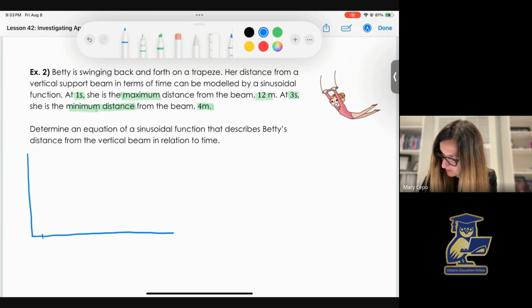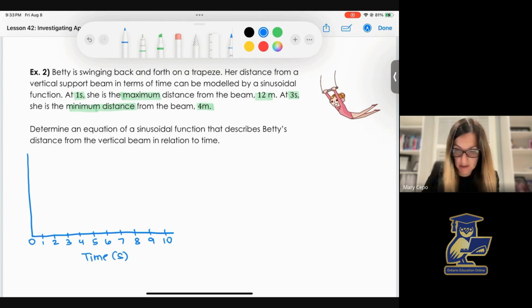So let's do 0, 1, 2, 3, 4, 5, 6, 9. Okay, so this is going to be time in seconds. And our height is in meters, and we'll go up by, say, twos.